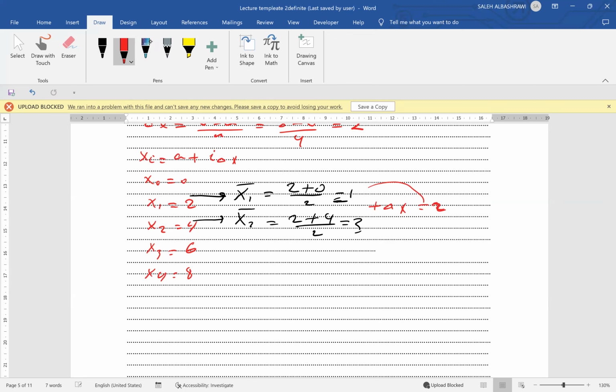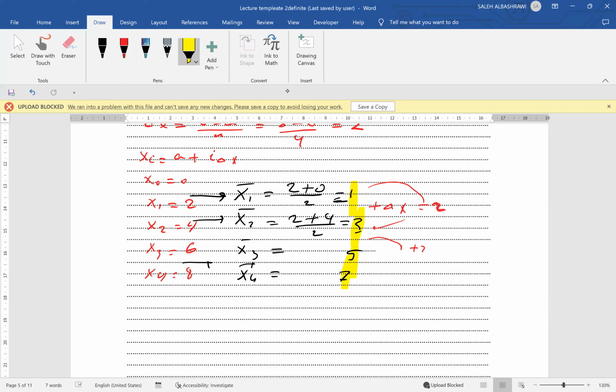So 1 plus 2 is 3. Now 3 plus 2 gives the third midpoint, x3 bar, equal to 5. And the fourth one, between 6 and 8, is equal to 7.